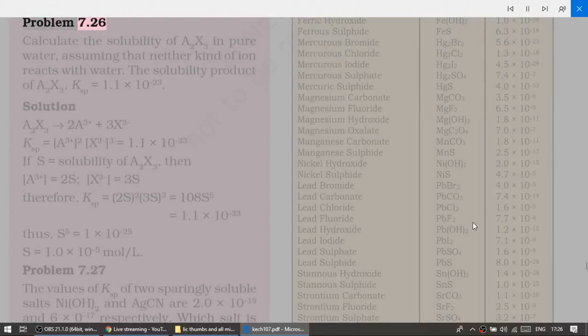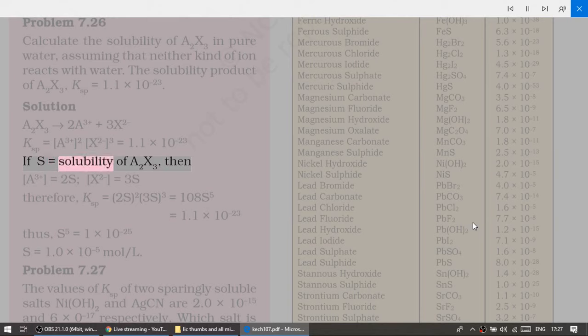Problem 7.26. Calculate the solubility of A2X3 in pure water, assuming that neither kind of ion reacts with water. The solubility product of A2X3, Ksp, is equal to 1.1 times 10^−23. Solution: A2X3 ⇌ 2A^3+ + 3X^2−. Ksp = [A^3+]^2 [X^2−]^3 = 1.1 times 10^−23.